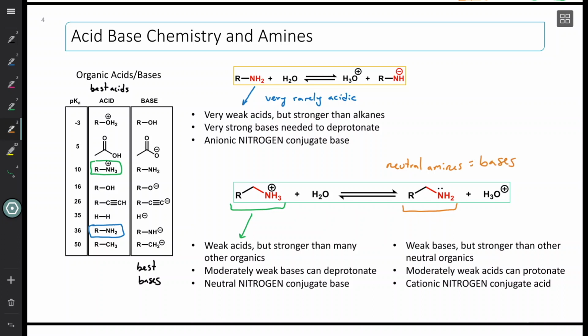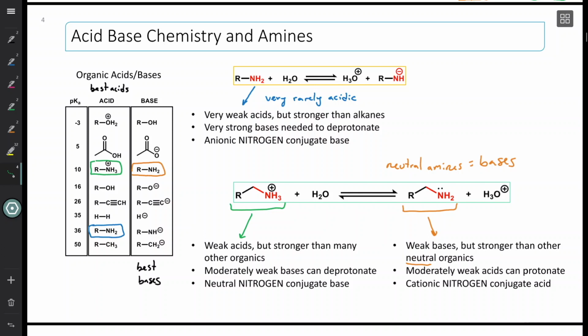How good of a base? Not super great, right? So here are the best bases, and we're all the way up here. So definitely a weak base, but it's stronger than most other neutral organics, right? You'll notice that this is a neutral base, whereas everybody else is charged. Obviously these are going to be much more basic, but for a neutral compound, it's a pretty great base.